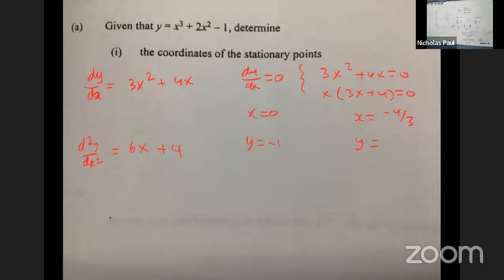Any answers online? What did you get for y when x is minus 4 over 3? 5 over 27, thanks. So these are your 2 points here.